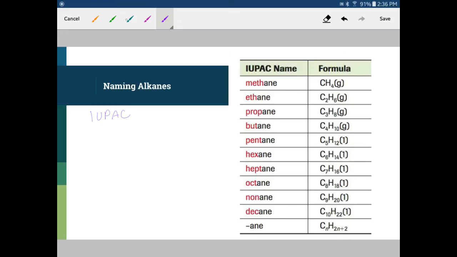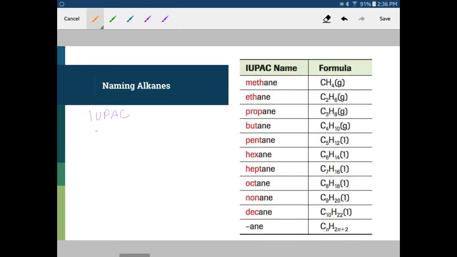You might remember some prefixes that we've used in naming a molecule: 1 was mono, 2 was di, 3 was tri, 4 was tetra, 5 was penta, 6 hexa, 7 hepta, 8 octa, 9 nona, and 10 deca.